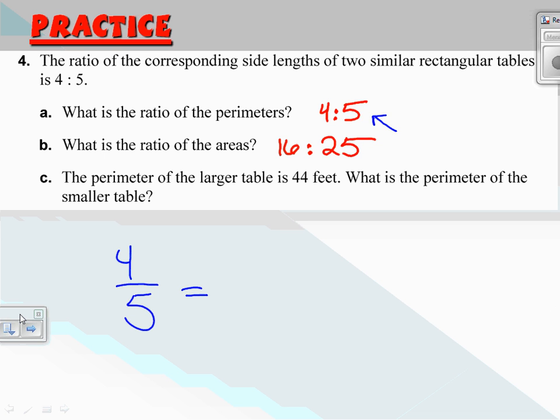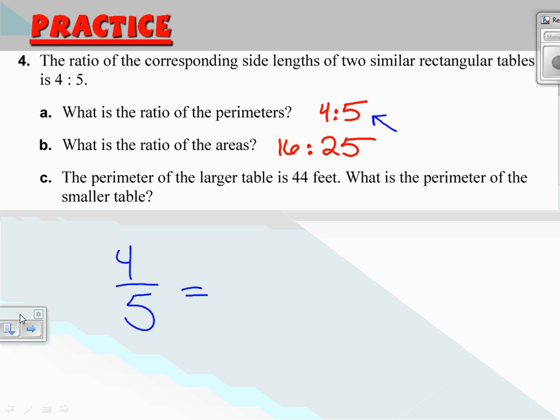If I know that the ratio of the perimeters is 4 to 5, that's going to help me. If it says the perimeter of the larger table is 44, what is the perimeter of the smaller table? So let's look at 4 to 5. Of those two numbers, which one should be the bigger table?